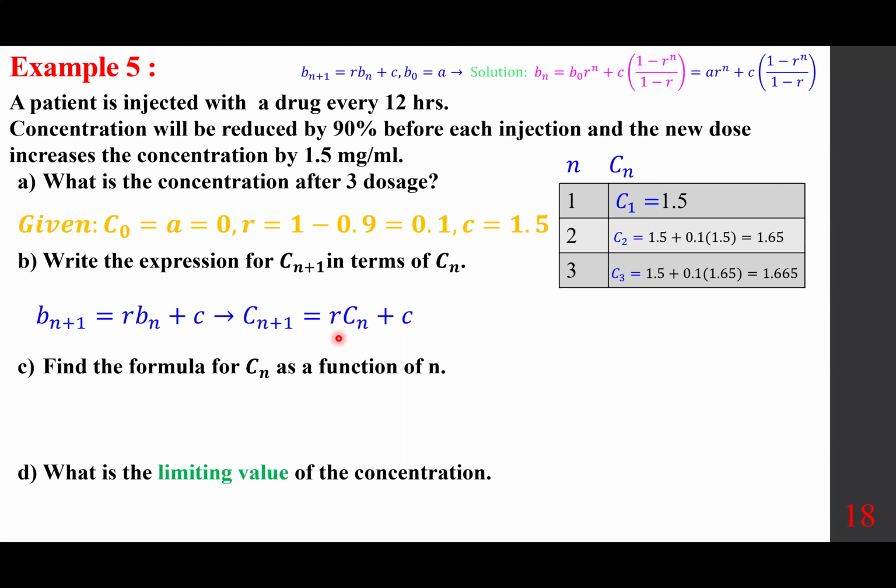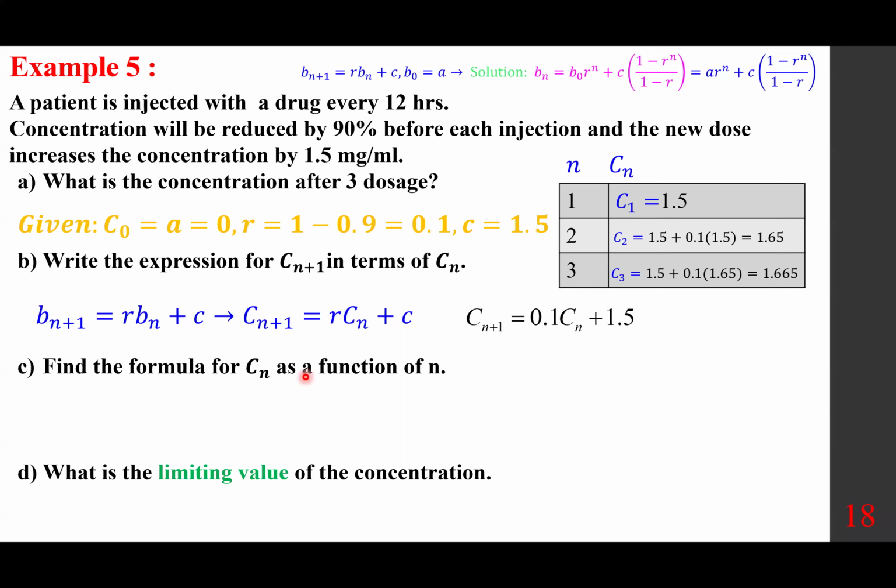Replace the R with 0.1, lowercase c with 1.5. So C sub n plus 1 is 0.1 C sub n plus 1.5. And again, for example, we know C sub 1 is 1.5. You can calculate C sub 2, C sub 3, and it gives you the same.